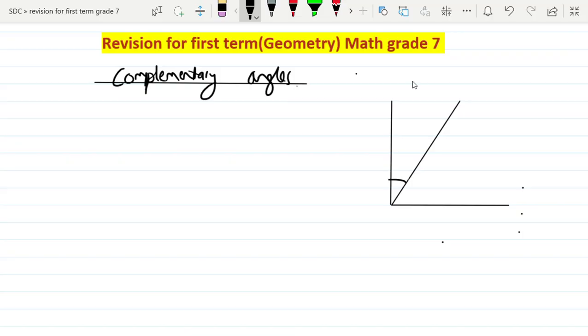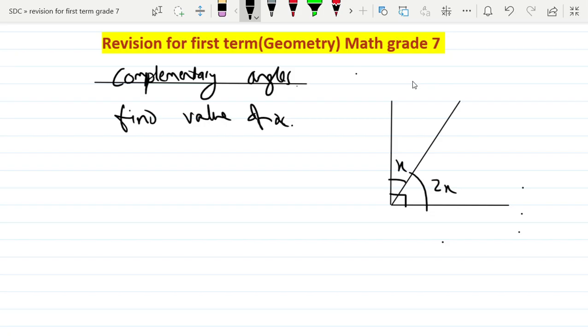Let's keep this right angle as x, and another angle 2x. The question is, find the value of x. What we do here is split this whole right angle into two angles, x and 2x.